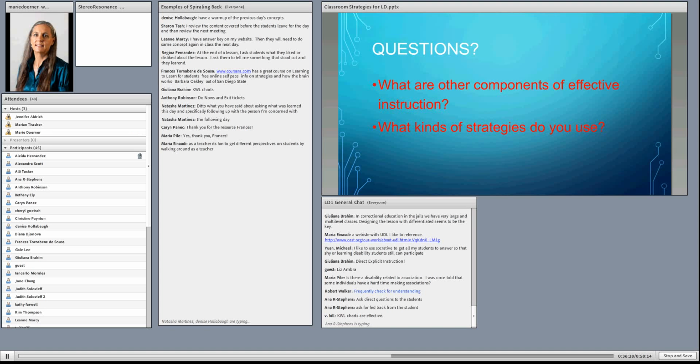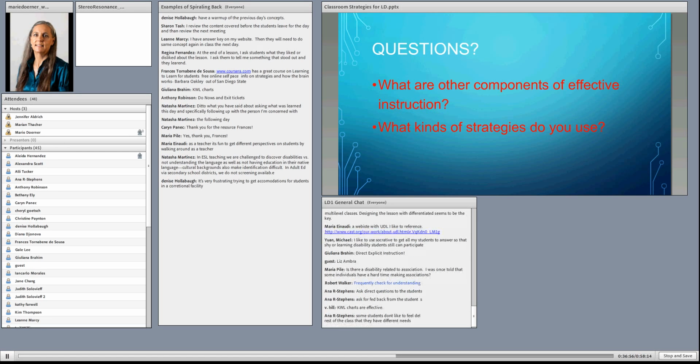There are computer programs that will read text for students, that they can talk and the computer will write for them. There are pens that will help them take notes in class. It records and times everything. So there's a lot of different technological options, but that's a whole other workshop. It would take more than an hour just to talk about those sorts of things.